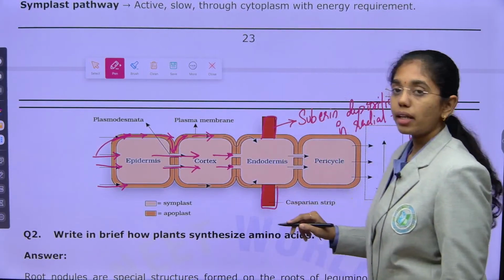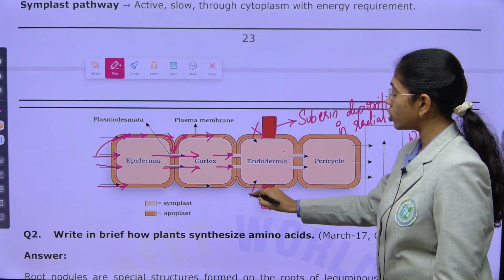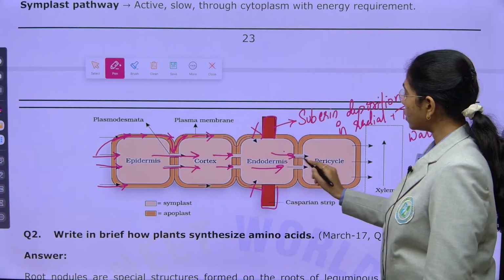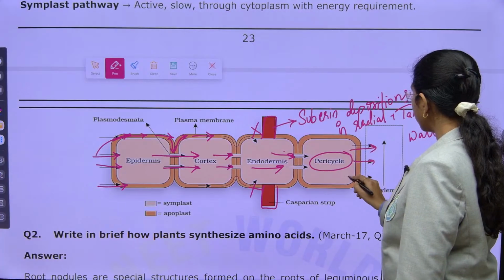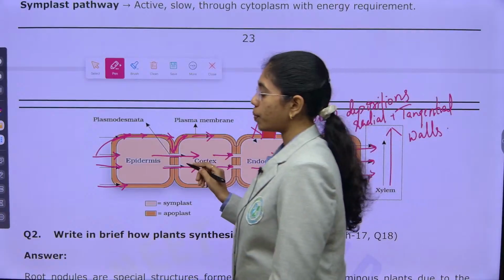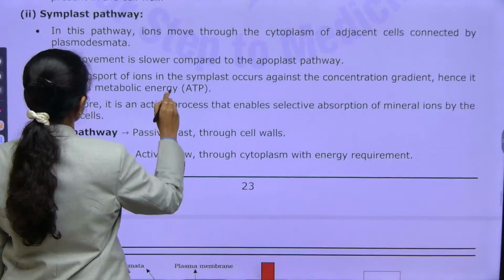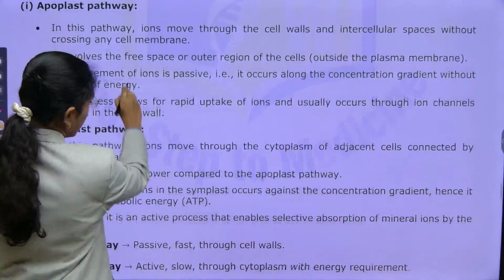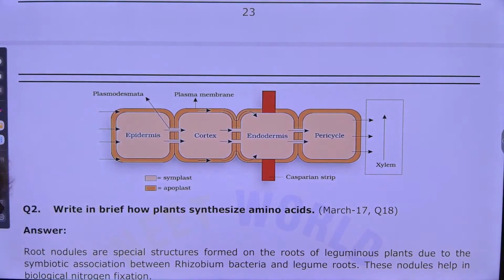Fine, right? And this is how apoplastic movement is stopped at the endodermis and symplastic movement is continued. And this is how water enters the pericycle, and from pericycle to xylem tissue. This is the complete explanation of apoplastic and symplastic movement. Explain it in sequence like this. Just go through this diagram. If you have any doubt, just ask me.